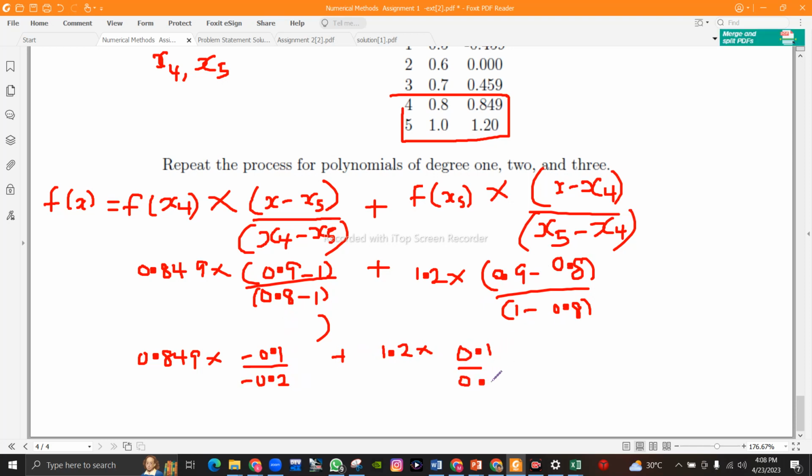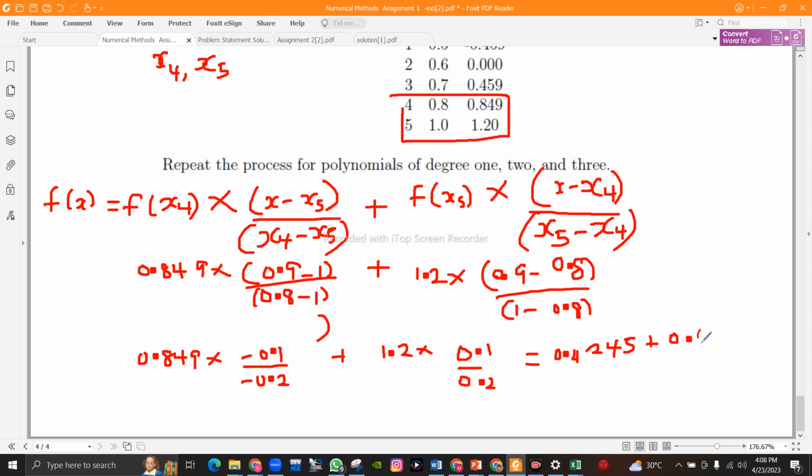The negatives cancel, so it's positive. 0.849 times 0.1 divided by 0.2 is 0.4245. Plus 1.2 times 0.1 divided by 0.2, that's 0.6.